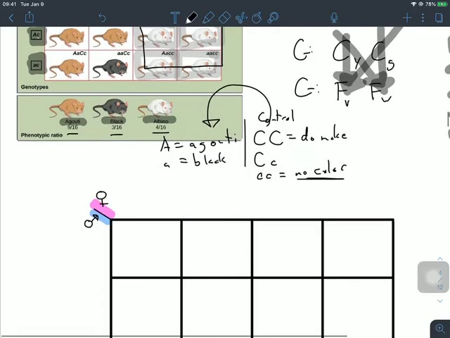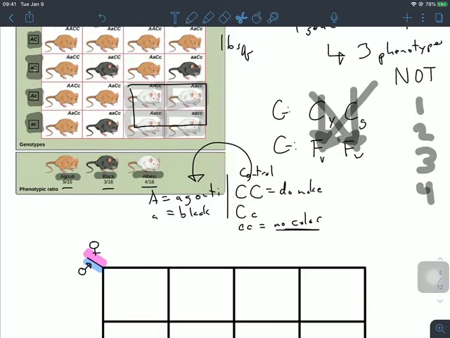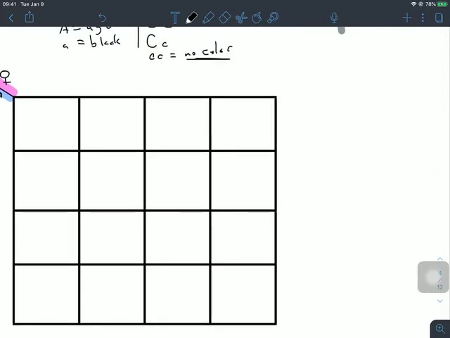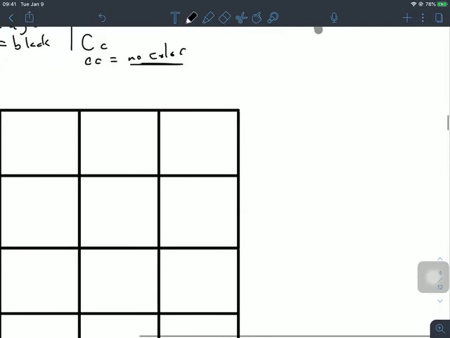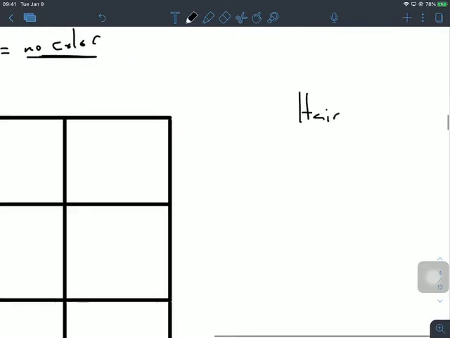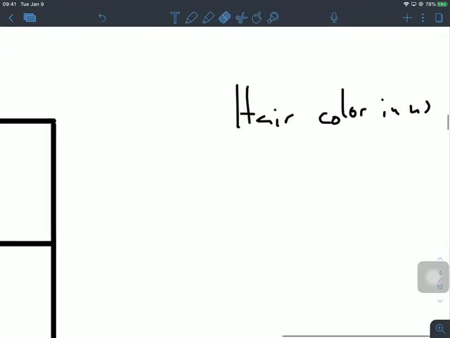So we'll do, with your book having solved this one, we'll do another problem in this vein with our own labeling system. So here you have different types of hair color in humans. In us, humans.